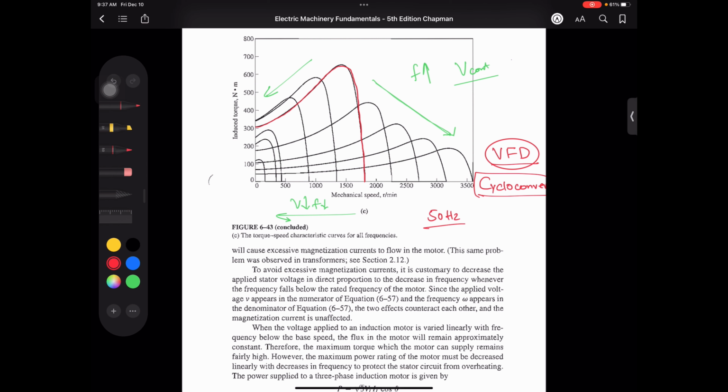So you take 50 hertz in and you can have something from 0 to 400 hertz as an output. This type of device is called a variable frequency drive, or ASD also. These are technical terms. We will understand them when you go into your final year, where they are called adjustable speed drives or variable frequency drives. But the more technical term from the electronics point of view is a cycloconverter.